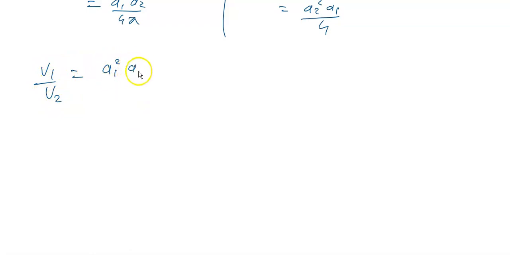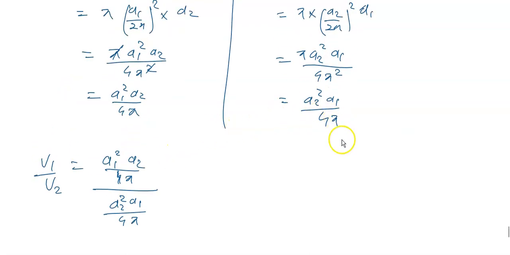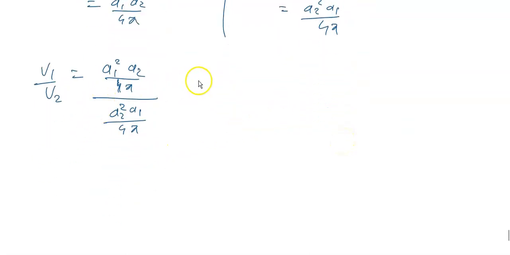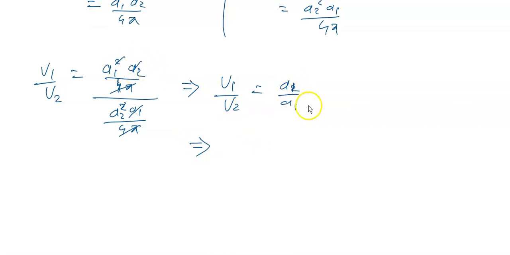A1 square into A2 upon 4 pi divided by A2 square A1 upon 4 pi. सो यहाँ से मुझे दिख रहा है दैट V1 अपॉन V2 इज इक्वल टू 4 pi cancel, A1 से ये A1 cancel, A2 से ये A2 cancel, A2 upon A1. So I can say that after cross multiplying this, A2 into V1 is equal to V2 into A1.